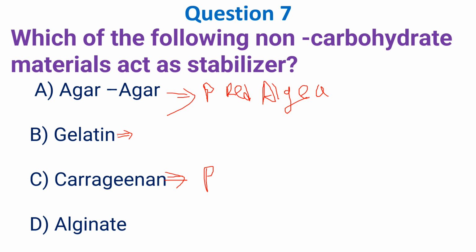Move to the alginate. Alginate is a naturally occurring edible polysaccharide. It is found in brown algae.